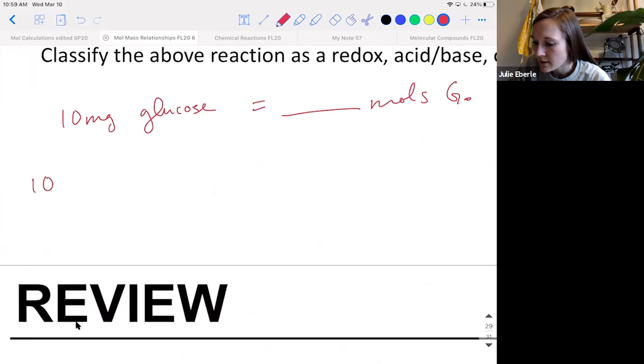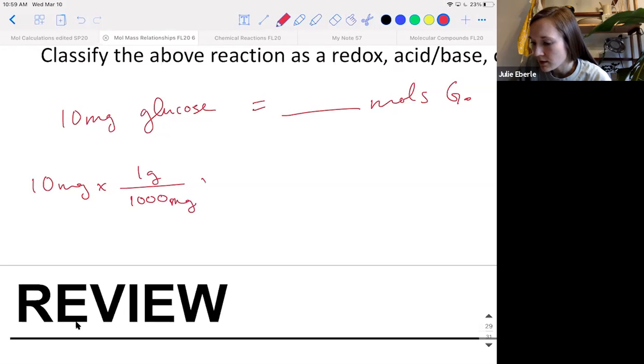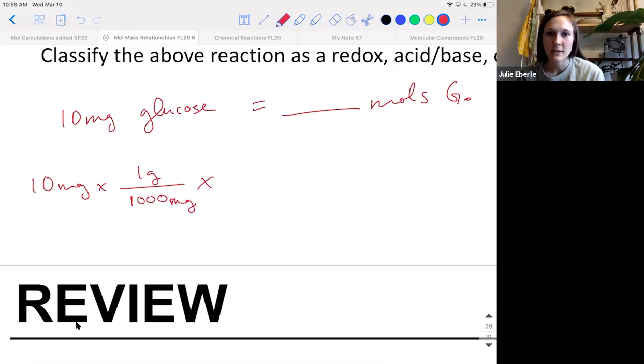So 10 milligrams, you should have divided by 1,000 milligrams, that's 1 gram. And then what did you have to do? Go from the grams to the moles. Yep. So Kylie said in the chat, you got to use molar mass.